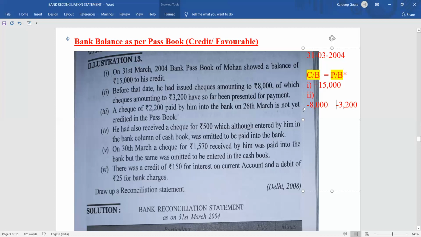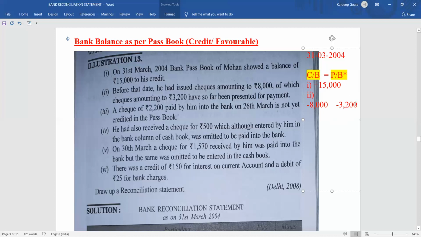Now to make both the sides same, what we have to do, we have to make a change. And where can we make the change? In the base. So here in this question our base is passbook. Okay, our passbook is the base. So since the passbook is the base, we can change only in the passbook. Whatever we like to change, we can change only in the passbook.